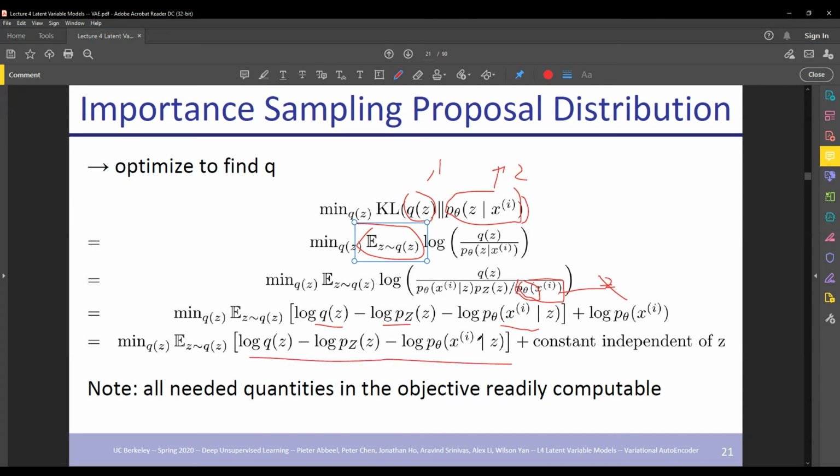Now, what you see in these three values is that this is a desired distribution that we have chosen to be easy to sample from, and this is just a neural network that we push through. So all the needed quantities in this objective that we have derived are very readily computable, right? That's what we have landed at.